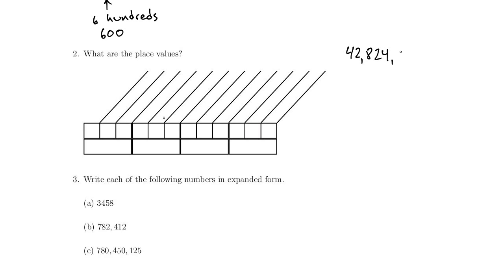Let me write it out here. Okay. And you can determine the value of this number by where the digits are placed in the number. So let me write down the number here in my chart.